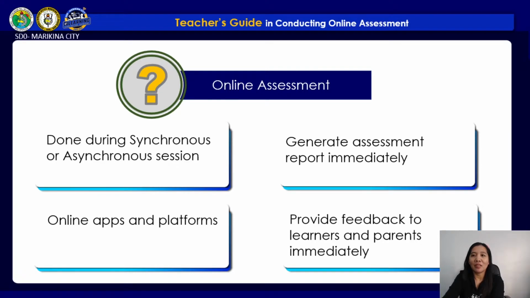You can immediately get the result of the activities and summative tests or quizzes undertaken by the learners from the online applications and platforms used by the teacher in facilitating the assessment. You can immediately give feedback to learners and parents on the result of the assessment online.